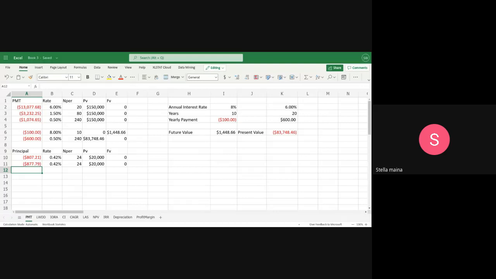Okay, let us now calculate the interest part of the payment. I'm just going to use the same values here.